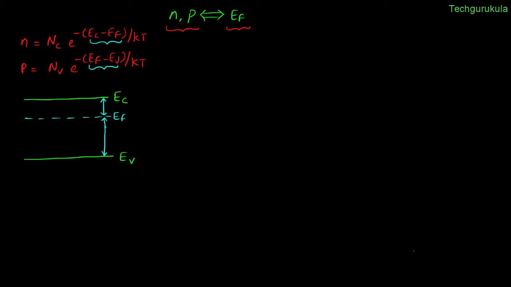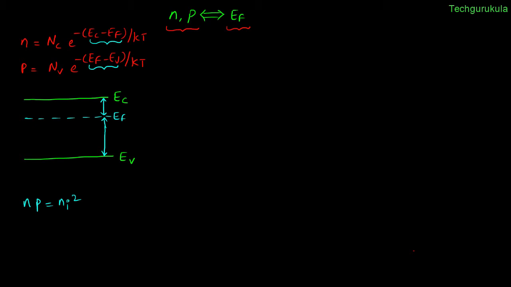And we know the electron concentration in the conduction band and the hole concentration in the valence band are related by the mass action law, which is given by n times p is equal to ni square, which means the Fermi energy level for a given semiconductor is the same for calculation of both electron and hole concentrations.